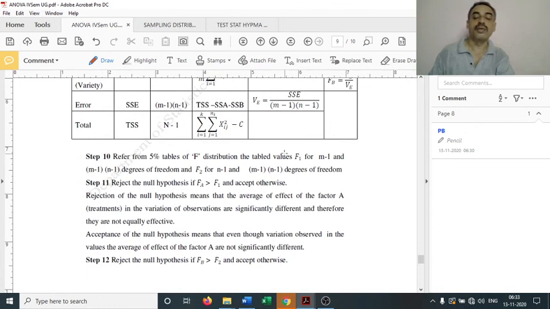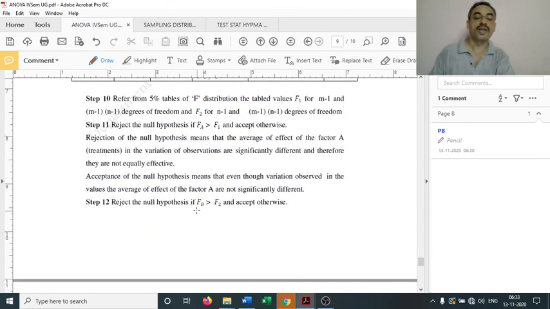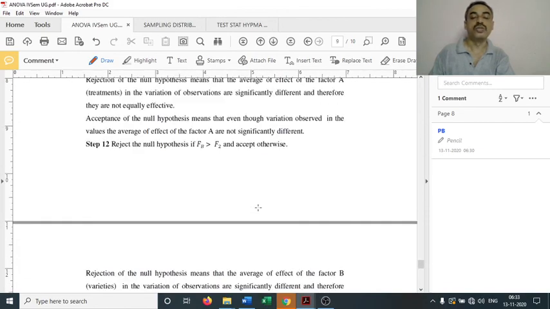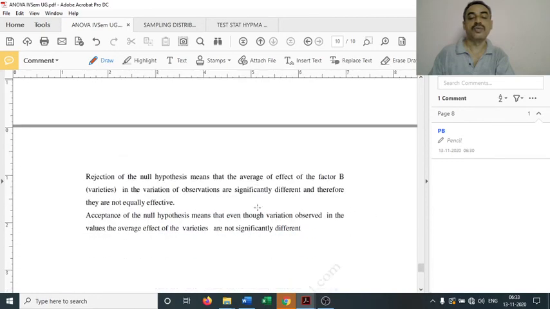There are two tabulated values of F here, f1 and f2. If Fa is greater than f1, we reject the hypothesis, otherwise we accept. Likewise, if Fb is greater than f2, we reject the hypothesis, otherwise we accept. So that's about the analysis of two-way classified data. Examples will also be discussed.